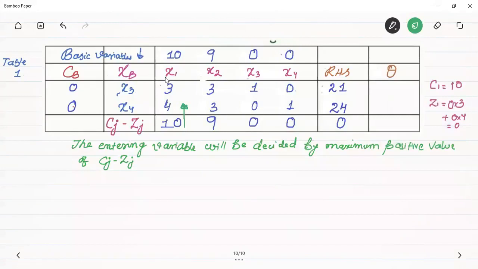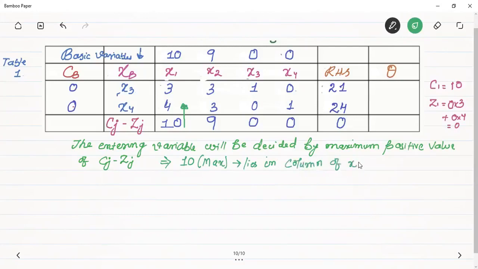It is lying in the x1 column. So 10 is the maximum value, it lies in column of x1, which implies that x1 will become the entering variable.